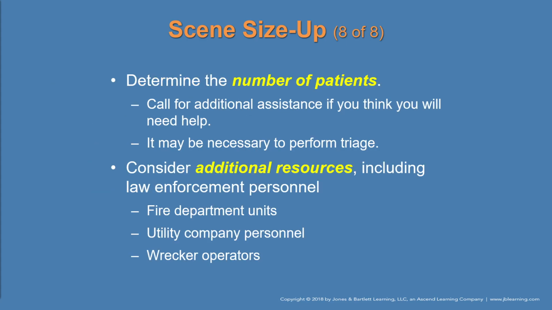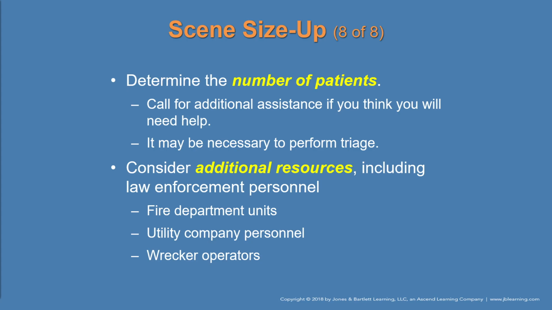All right, so next we're looking at number of patients. And so a lot of people would think that this would be obvious. You know, you are being called to a scene for a person calling for help, but sometimes it is not obvious. And sometimes the patient that you think you're responding to is not the patient that actually needs help.